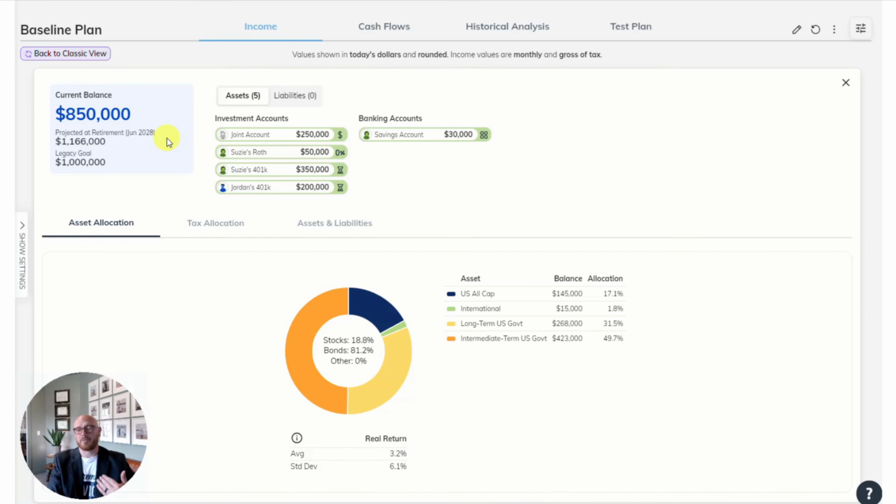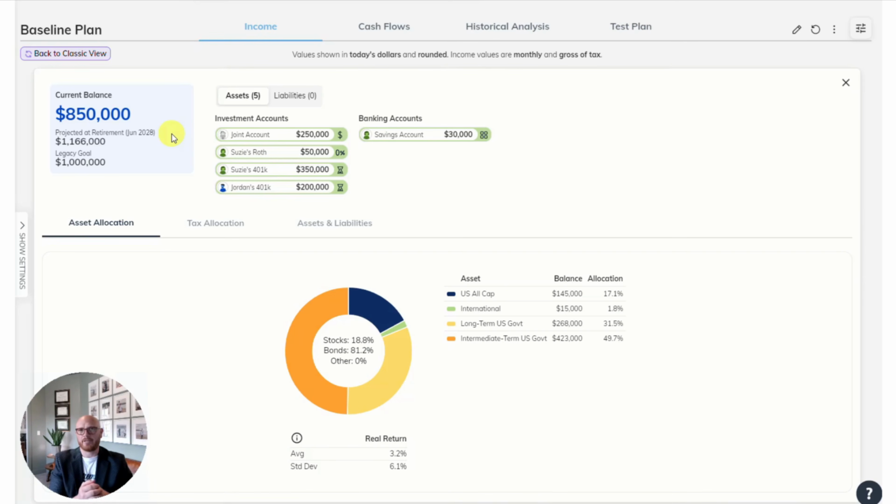This is using conservative assumptions, and then also building in our second asset for early retirement, which is the contributions they're making today until the point of retirement. Both of them are making contributions into their 401k plans and receiving a match. Jordan also has an employee stock purchase plan, through which he makes purchases of his employer stock at a small discount, a lower price, directly through his payroll deductions.